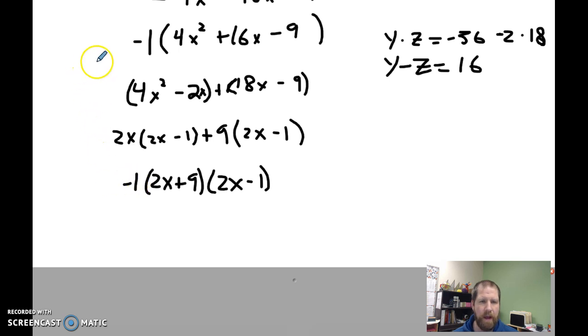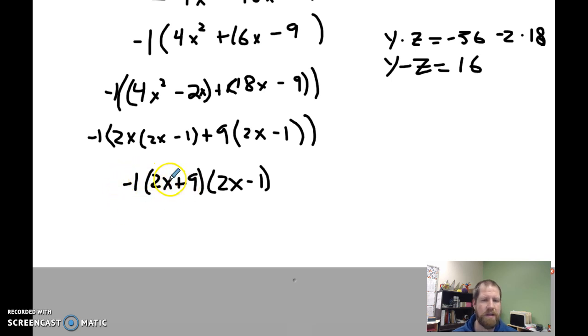And if you bring down the -1 for each step, that's fine. Just recognize that it is outside all of your other terms until you get down to this step.